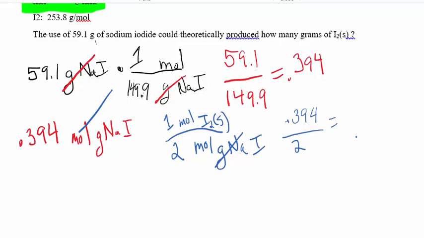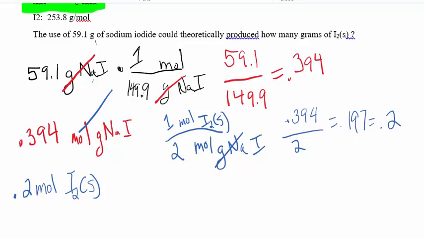So 0.394 divided by 2 is equal to 0.197. Which, if I use significant figures here, I would really say it's equal to 0.2, right? So I have 0.2 moles of iodine solid. All right, well that's good, but it's not what I want, right?